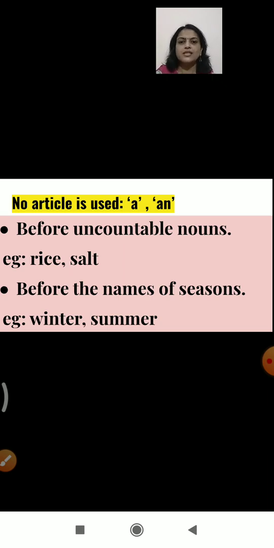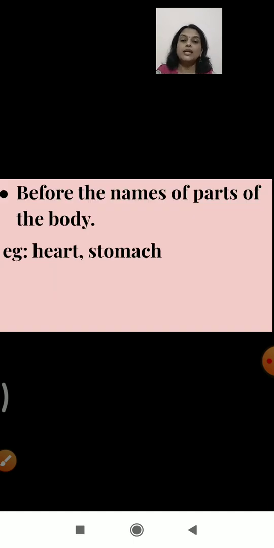So these are the names of the seasons. Okay, so we do not use articles a and an here. Clear? Then before the names of parts of the body, heart, stomach, we do not say a heart, a stomach, right? We are not using any article here.